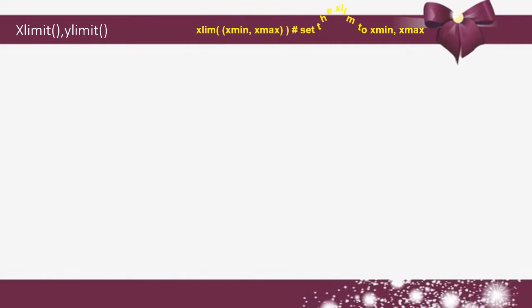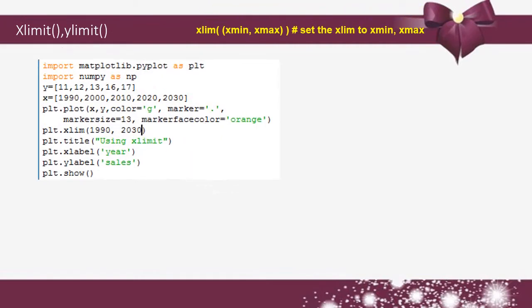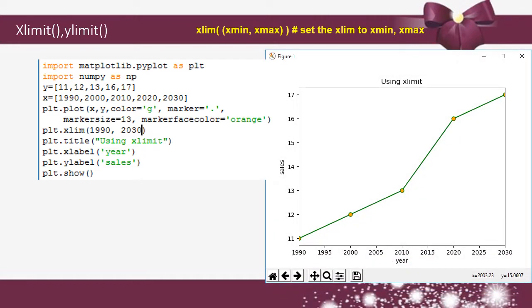To limit the range of the x-axis we can use xlim separately. Likewise for the y-axis you can use the ylim function. See here the limit for the x-axis, 1990 comma 2030, is given. That is the x-axis range, so according to the points it will be displayed here.